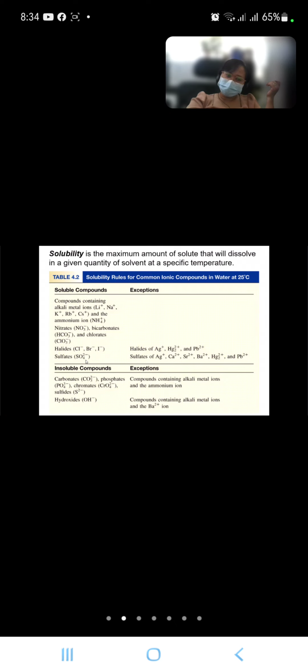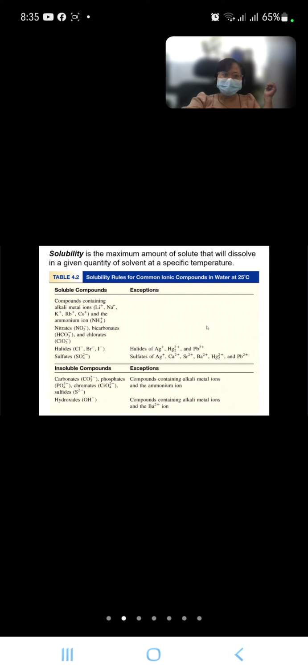Sulfates also are soluble. Sulfate ions are also soluble except if they bond with silver ion, calcium ion, strontium ion, barium ion, mercury 1 ion, and lead 2 ion.